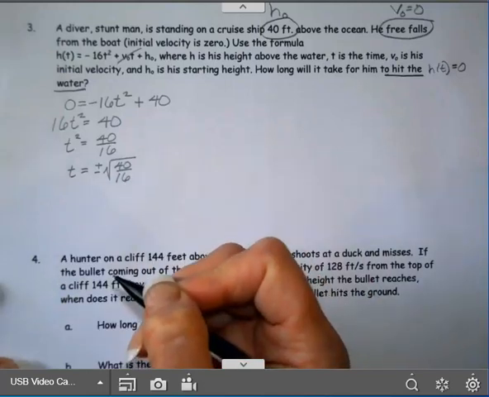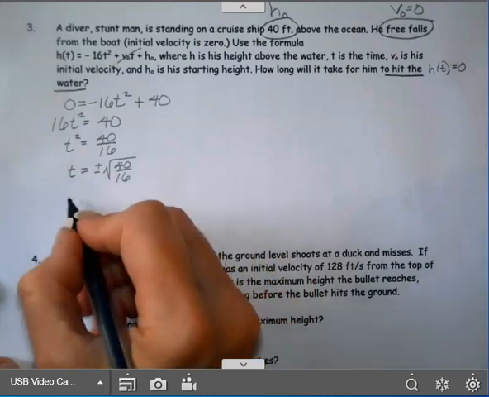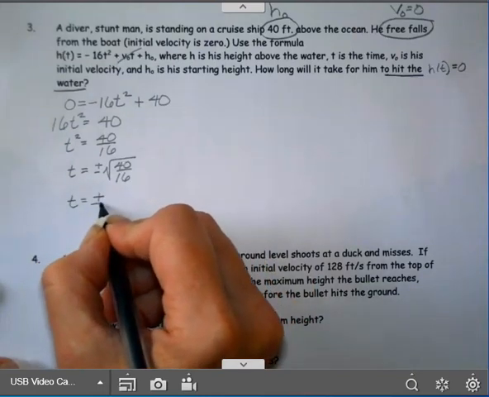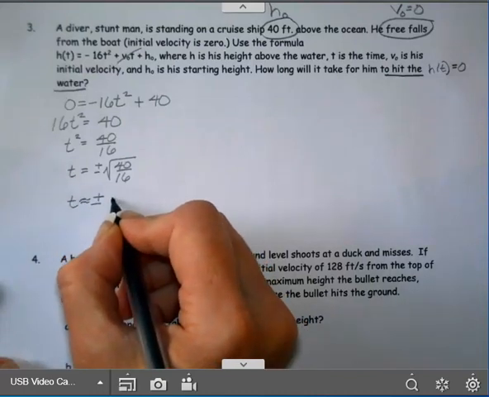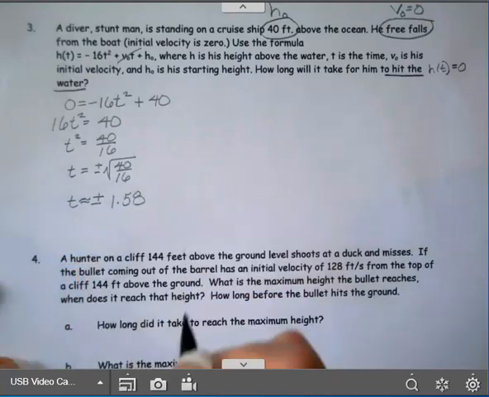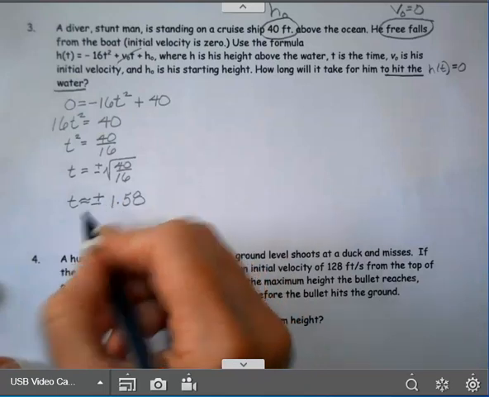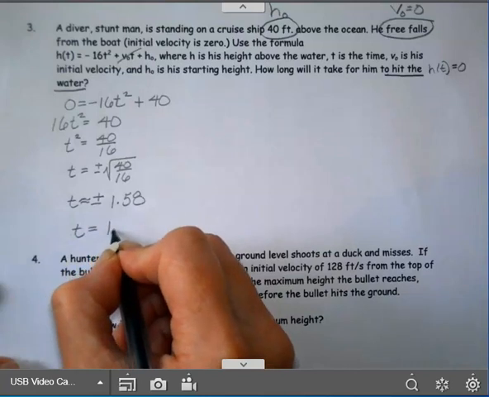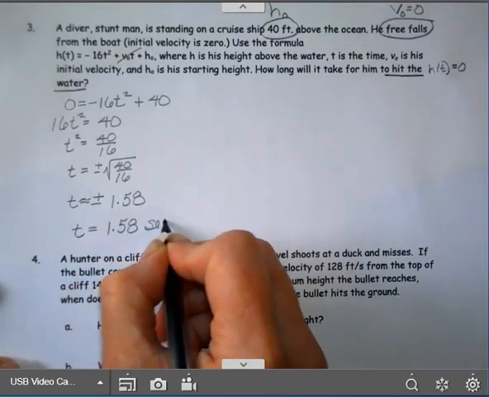You'll get 2 solutions, plus or minus. When you take the square root of that, you have plus or minus, and this is approximately 1.58. However, the negative one does not make sense for the problem, so you'll only keep the positive solution. So it'll be 1.58, and this is time, and this is seconds.